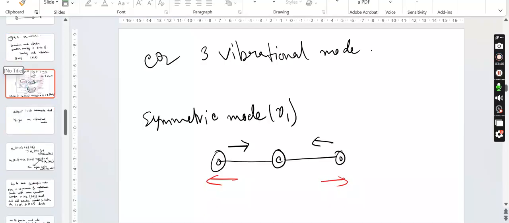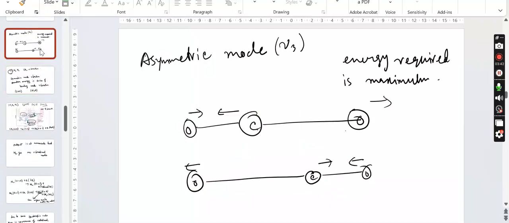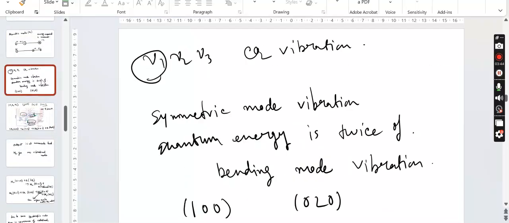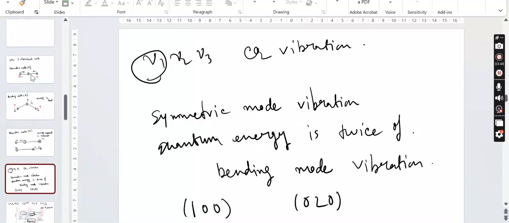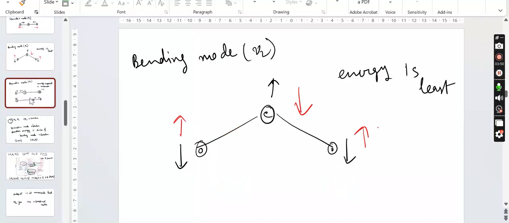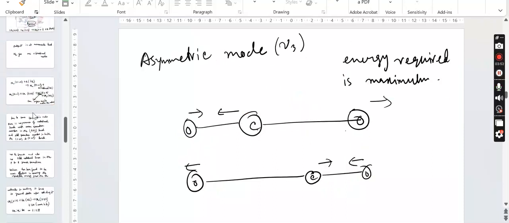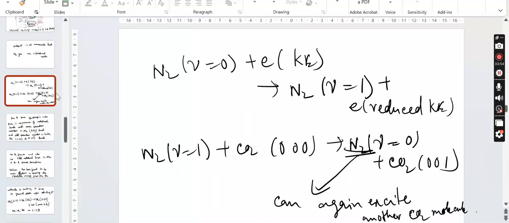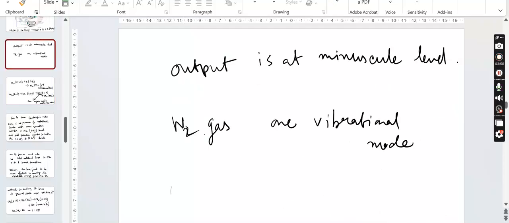The carbon dioxide molecule has 3 vibrational modes: symmetric mode, bending mode, and asymmetric mode, denoted as nu1, nu2, nu3.